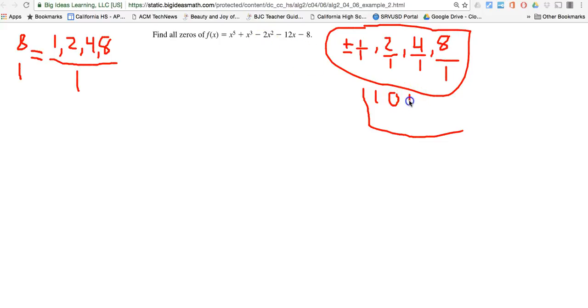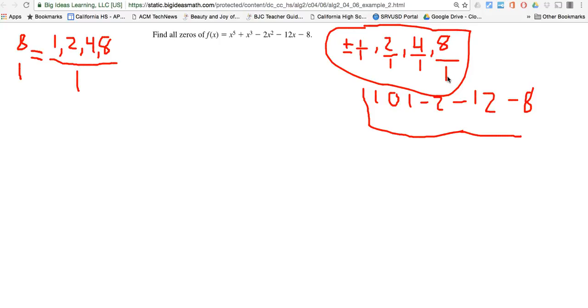We get 1 for x to the 3rd, negative 2 for x squared, negative 12, and negative 8. Now, the next thing we need to do is just start plugging these values in and see what you get. Now, you guys know how to do synthetic division, so if you want to go ahead and pause right here and start plugging some of these numbers in, you can go ahead and start doing that.